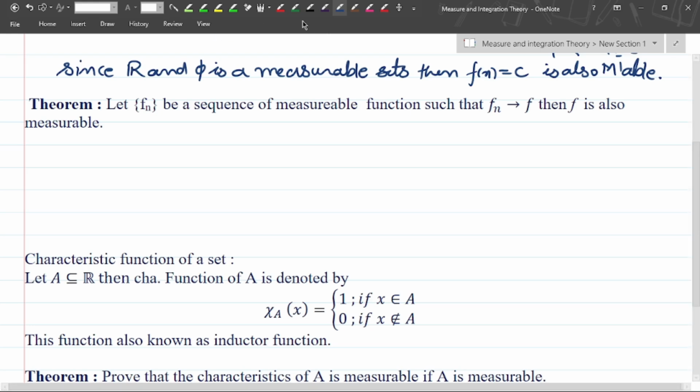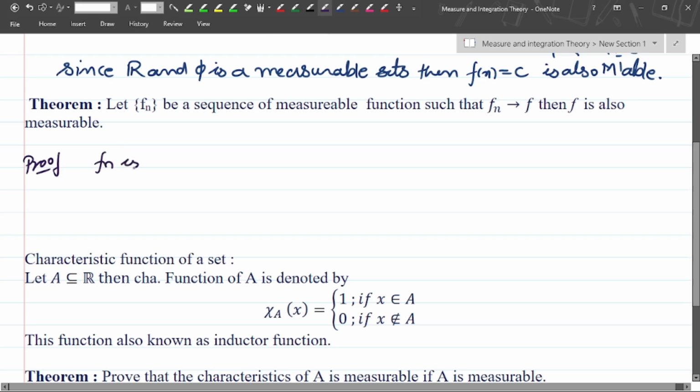So how do we start? Proof: f_n is a sequence of measurable functions, and f_n tends to f. What is the definition of convergence?